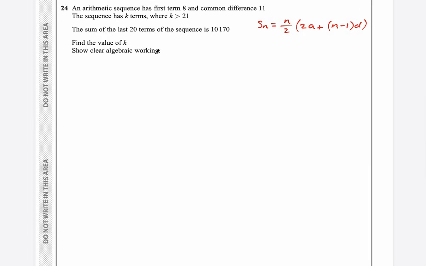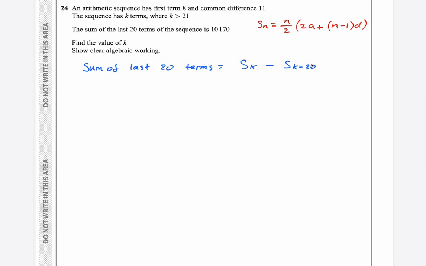The sum of the last 20 terms is equal to the sum of all the terms, the sum of k terms, minus the sum of k minus 20 terms.